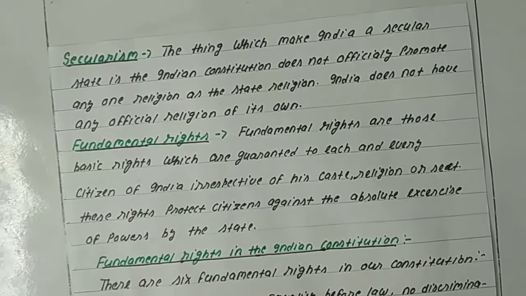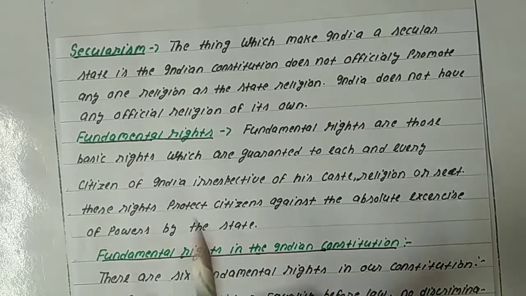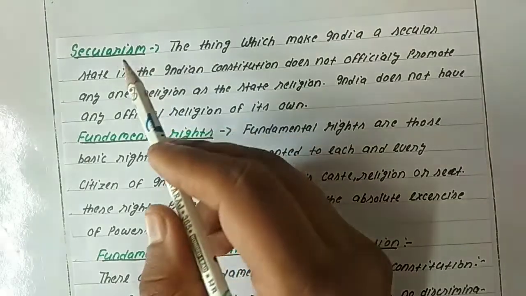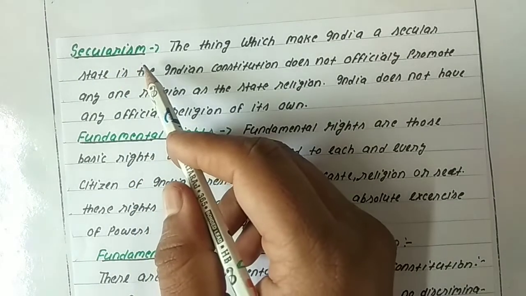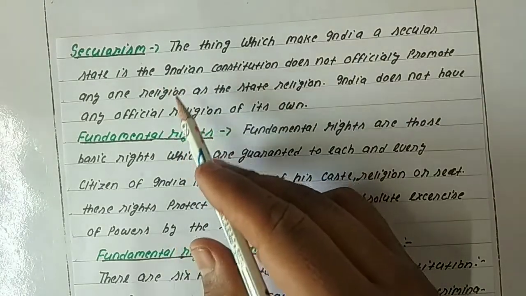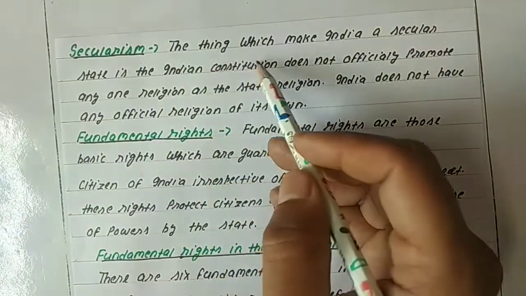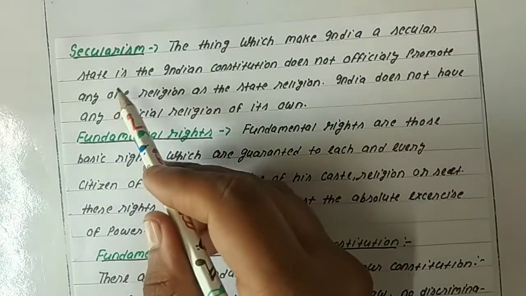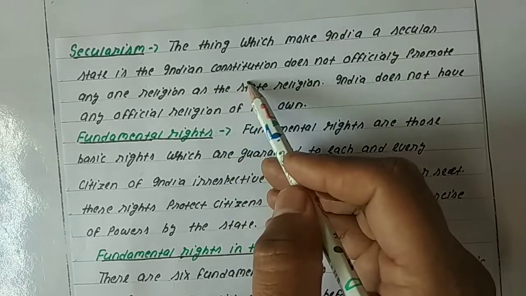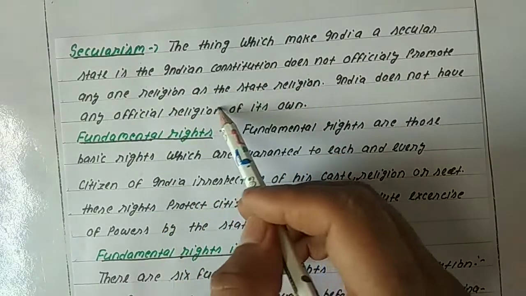Okay, the fourth key feature of Indian Constitution is that we have the concept of secularism. Means India is a secular country. So the thing which makes India a secular state is that the Indian Constitution does not officially promote any one religion as the state religion.